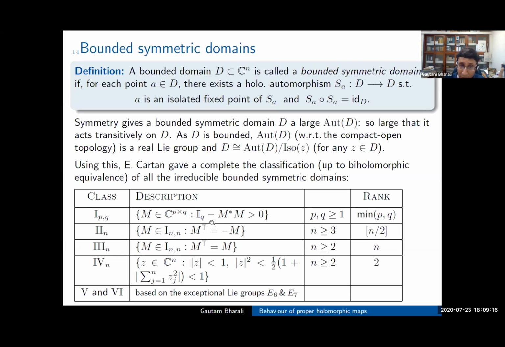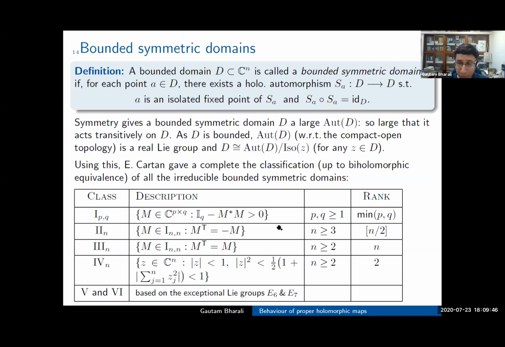Remember, Q is equal to 1. To say that 1 minus m star m is positive simply gives me the unit Euclidean ball. See that? So the rank of the unit Euclidean ball is the minimum of the numbers P and Q, and Q is equal to 1. So the round ball is a bounded symmetric domain of rank 1.